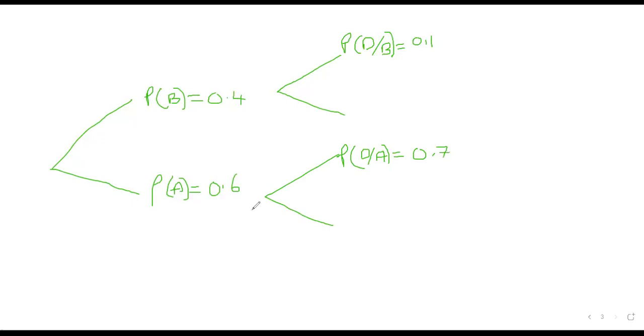So like I said, each branch must total up to 1. So this one therefore will be the probability of D complement coming from B. So this one will give us 0.9. This is probability of D complement coming from A, 0.3.